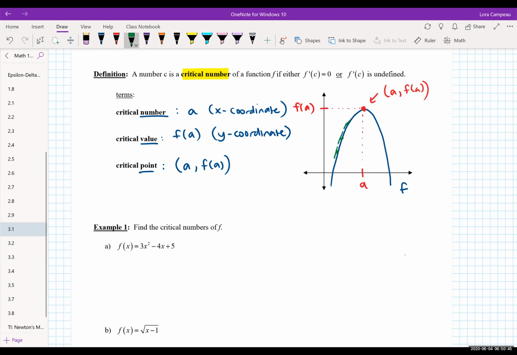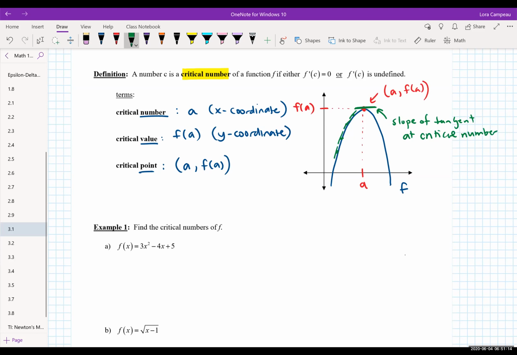Remember how we did those graphs where we were interpreting the drawings? Well, you might be specifically interested in what is happening at the critical number. What is the slope of the tangent line at that point? And you can say, oh, it's horizontal.